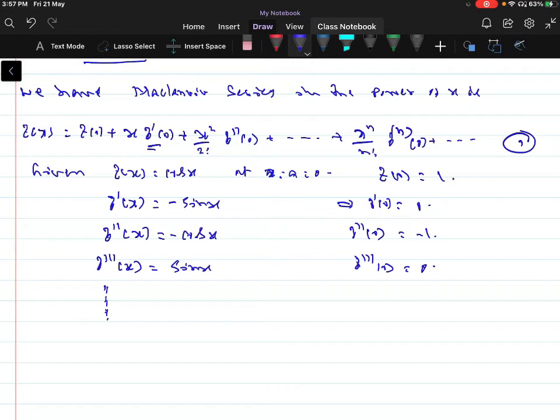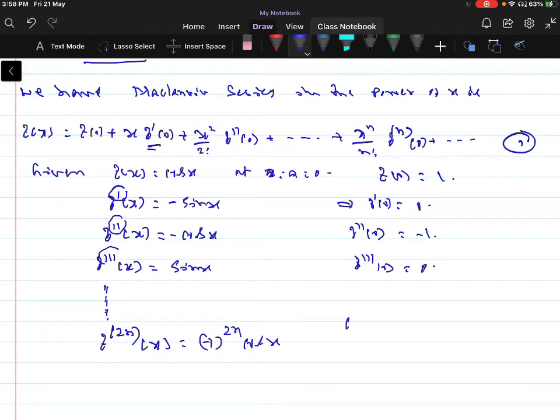You know that for the odd order derivatives, we have a sin x, and in the case of even derivatives, we have a cos x. So therefore, the 2nth derivative of f is equal to minus 1 to the power of n cos x.